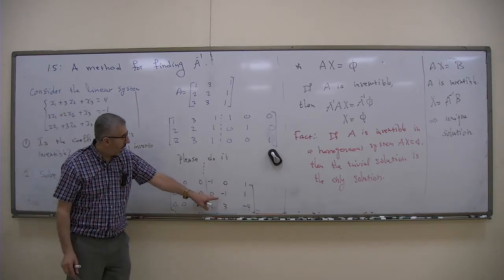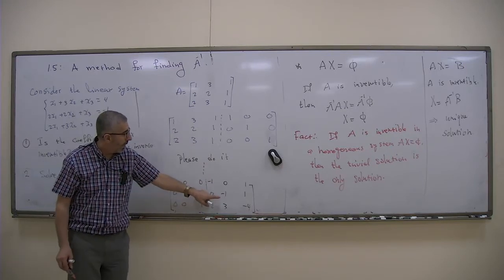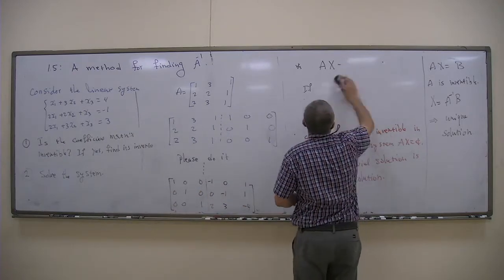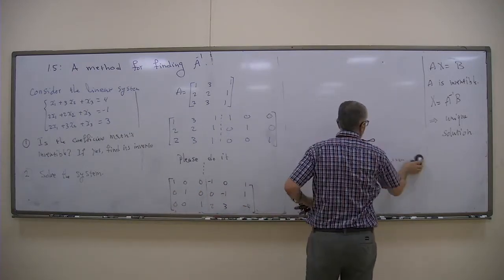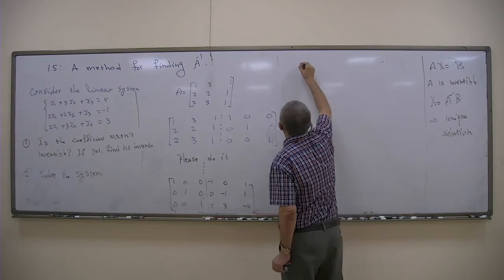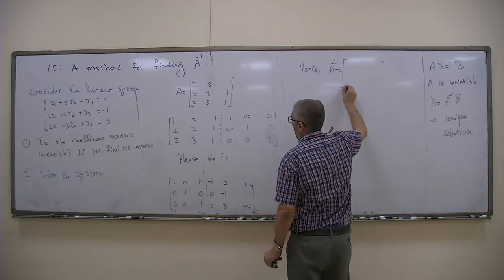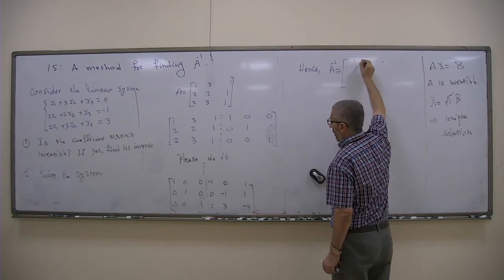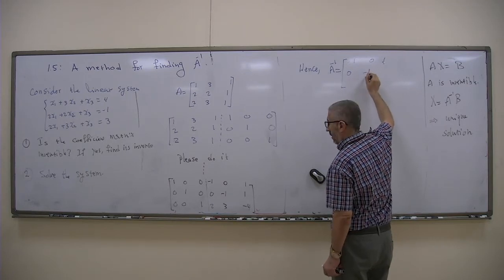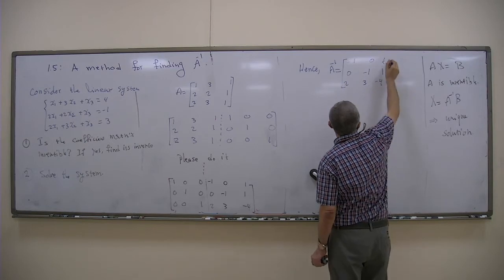So this is going to be the inverse of this. So your matrix is invertible because we are getting the identity here. And this is going to be the inverse of A. So here, hence, A inverse is negative 1, 0, 1, 0, negative 1, 1, 2, 3, negative 4.